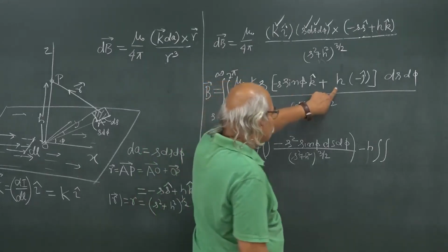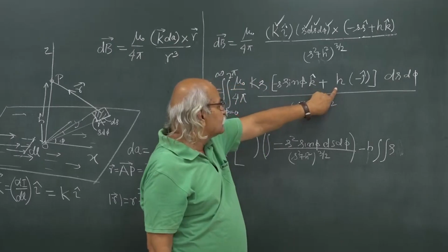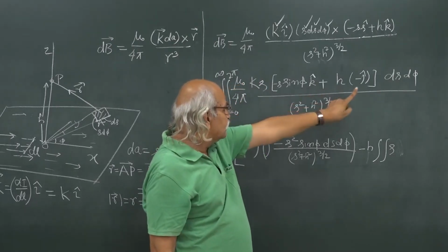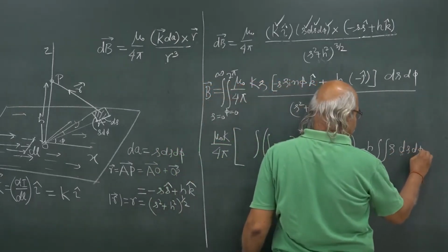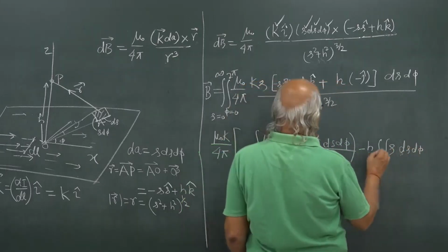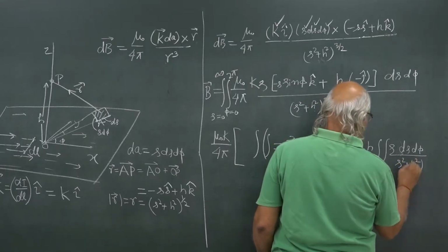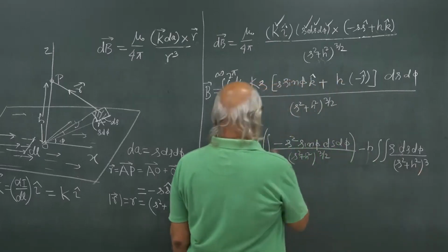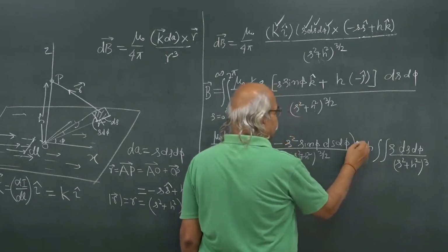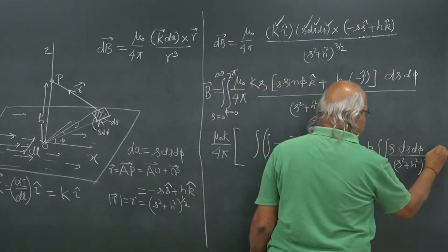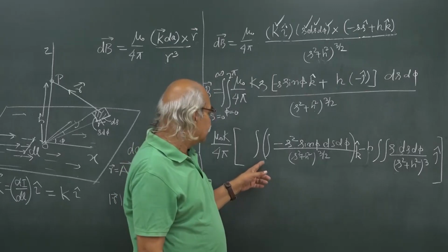So, s into h, and then you have ds d phi, proper integration limits, divided by s square plus h square to the power 3 by 2, and proper unit vectors. This whole thing is in k cap direction, and this whole thing is j cap, right.